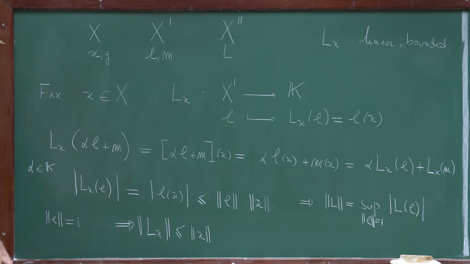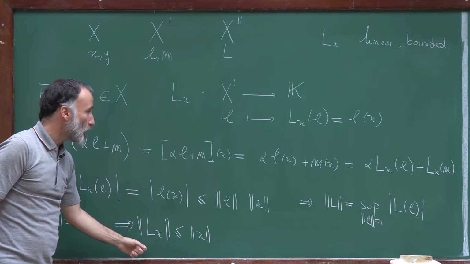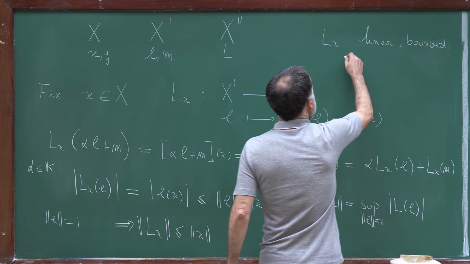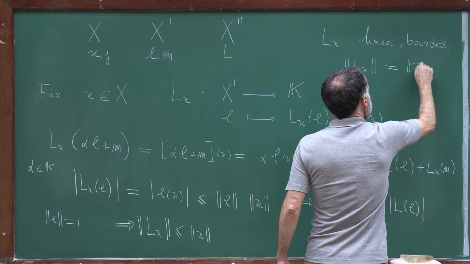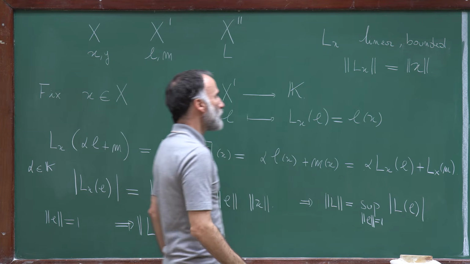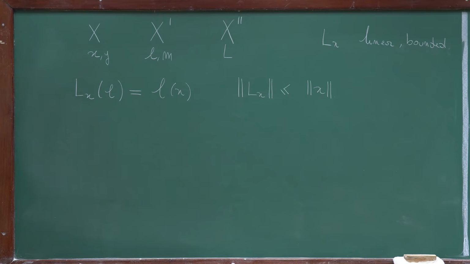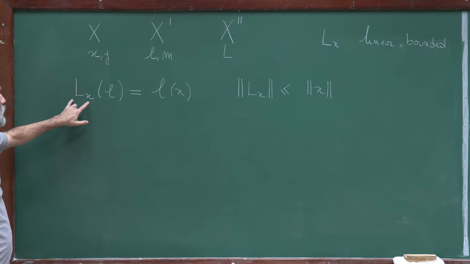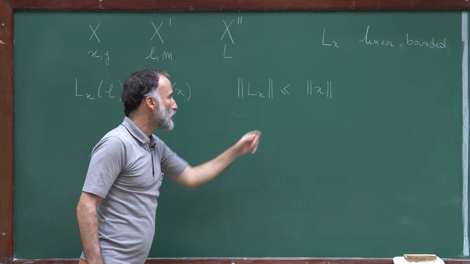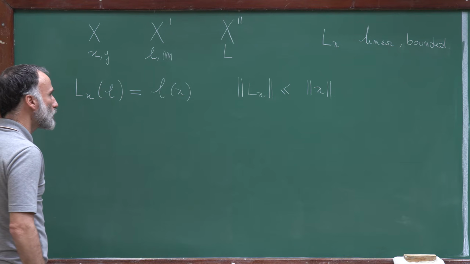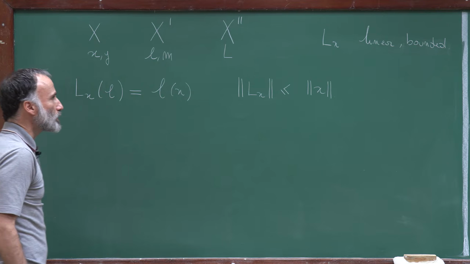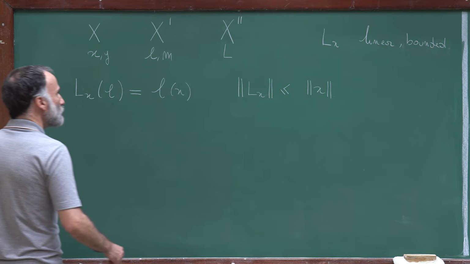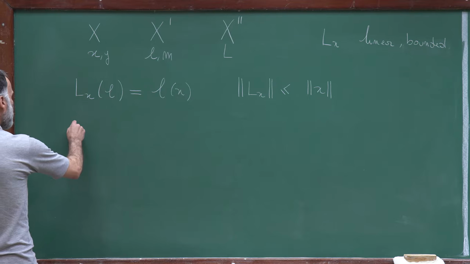Now I will erase the board and I will compute the norm. I will prove that actually the norm of Lx is exactly equal to the norm of x. So I rewrote here the definition of the bounded linear functional Lx, and we proved that this inequality holds. Now I want to say that actually it's an identity, and for this we need to remember a formula which we proved.